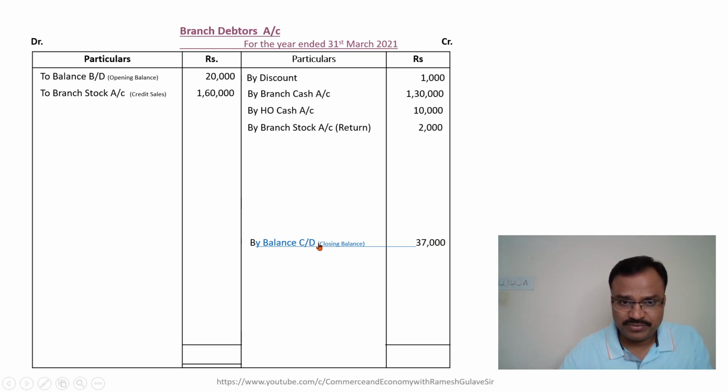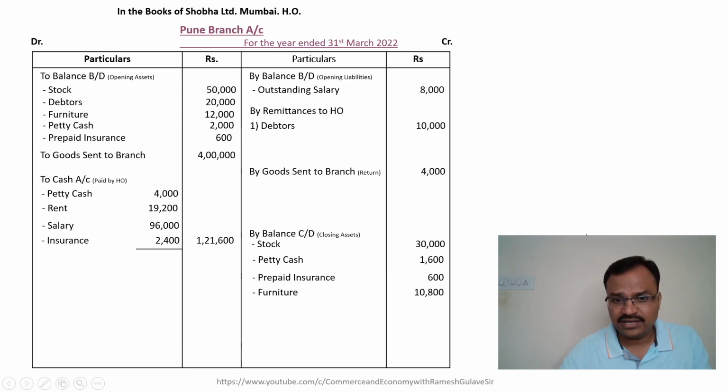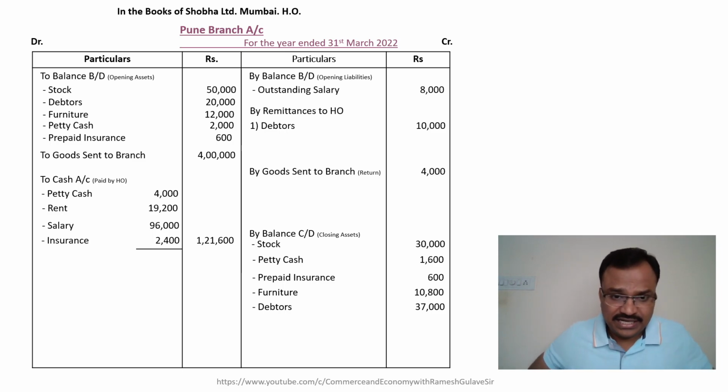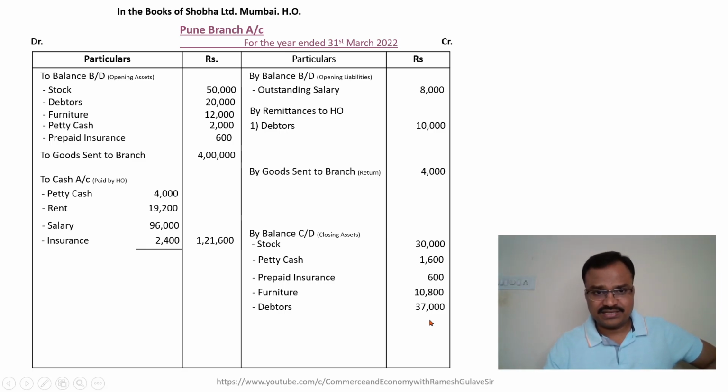This closing balance needs to be recorded in the branch account as a closing asset. So on the credit side of the branch debtors account, 37,000. See friends, in this way we can find out the missing or relevant information for the branch account.